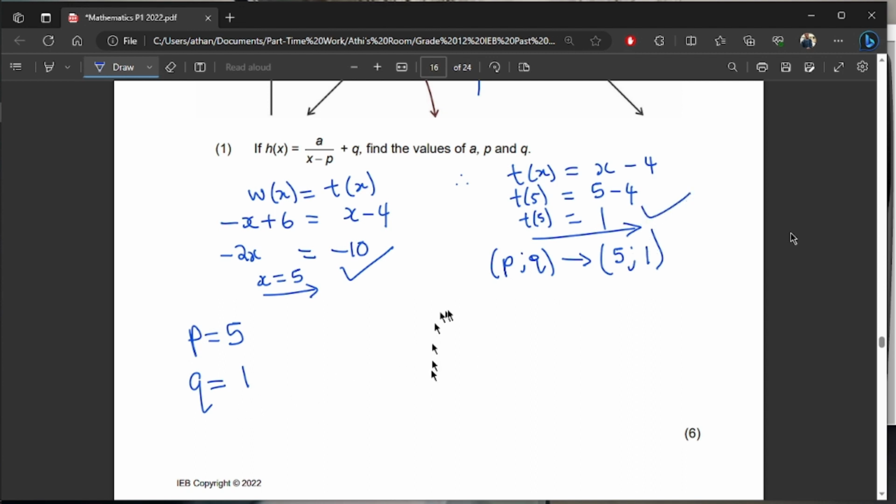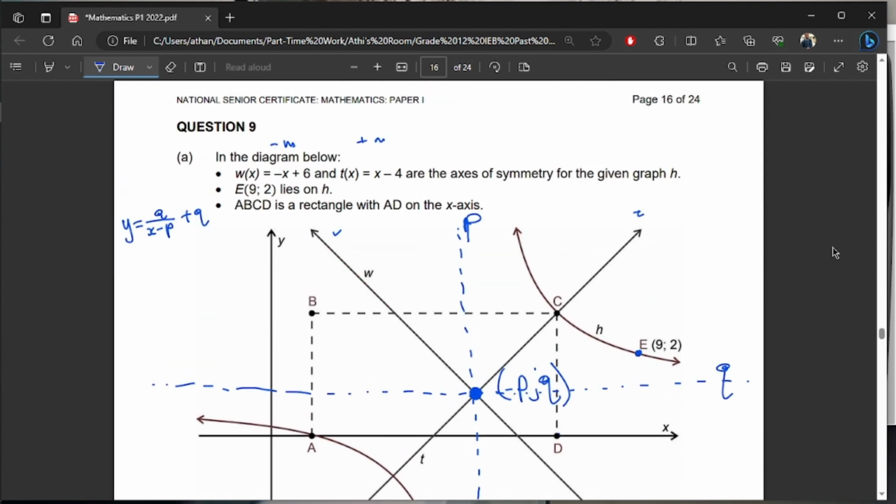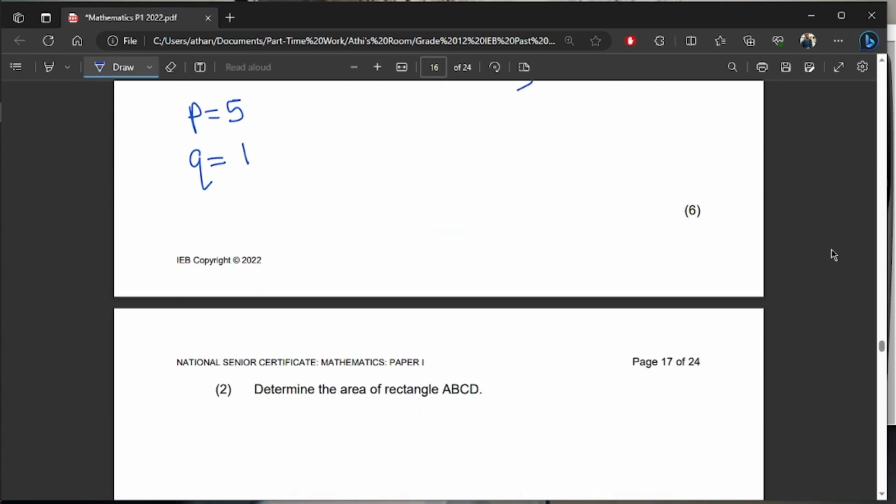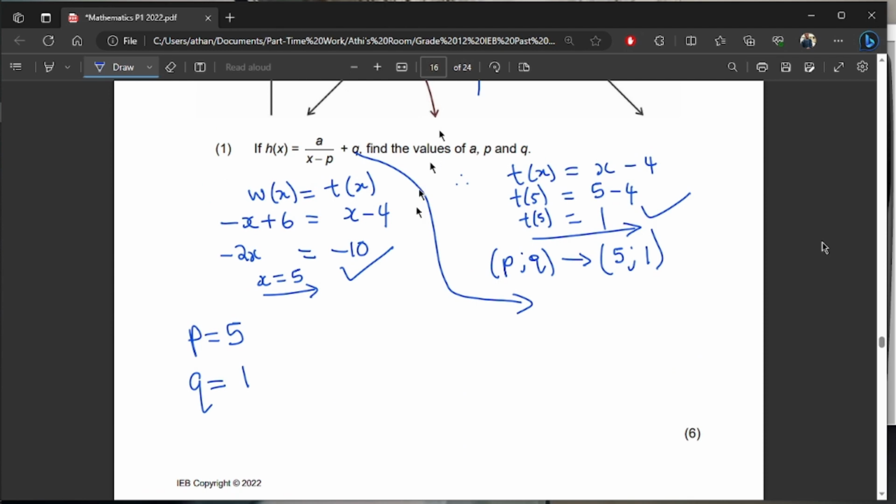Now we have to find a. To find a, we're going to use that formula. I'm going to substitute one coordinate that I know of, which is E, (9, 2).